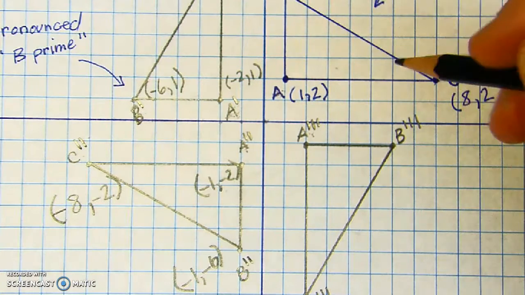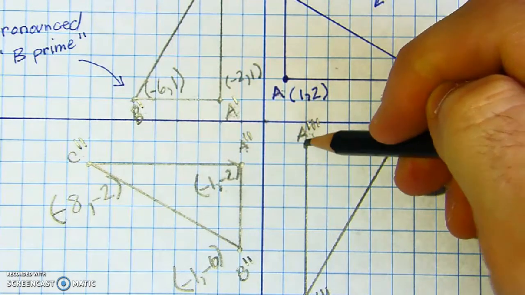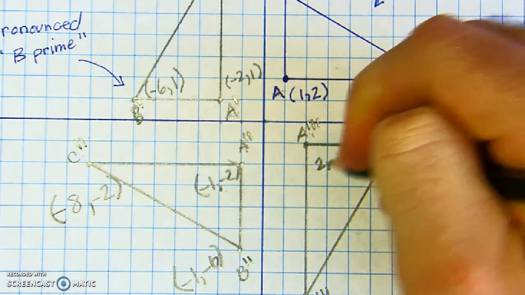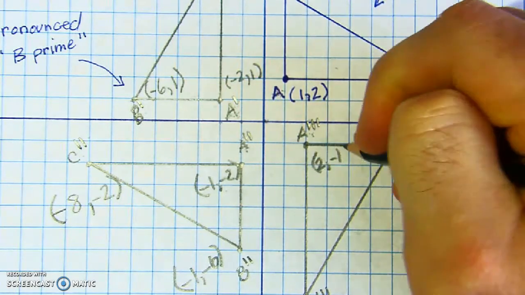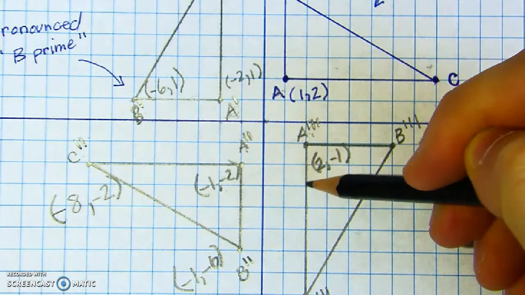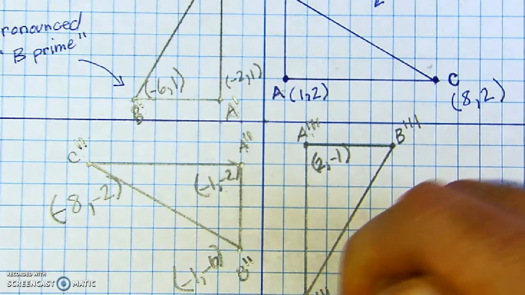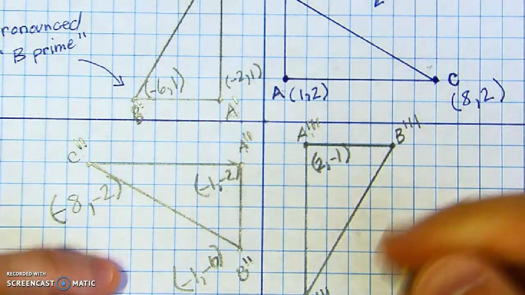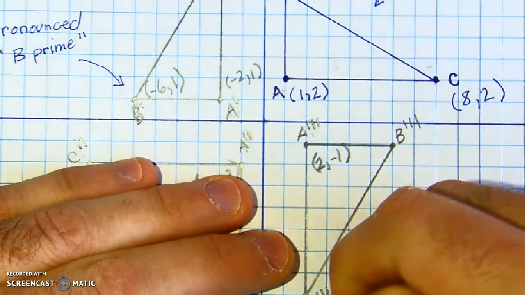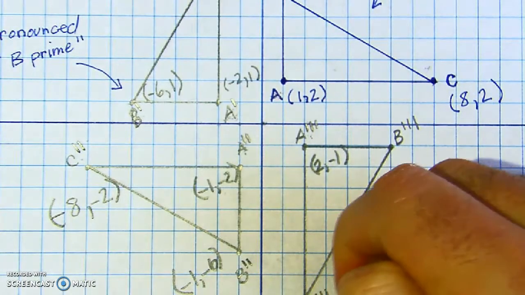All right, let's find some coordinates. Over 2 and down 1. So this is going to be 2, -1. This is over 2 and probably down 8. Yep. 2, and -8.